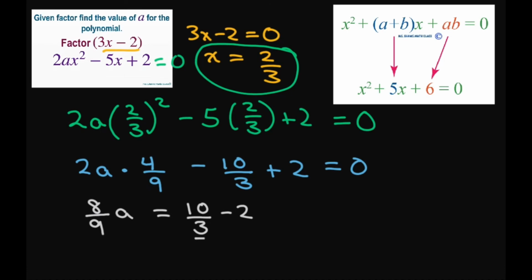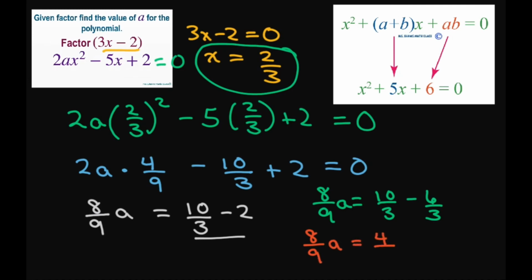This is going to be 8 divided by 9 a equals 10 thirds minus 6 thirds. So we're going to get 8 divided by 9 a equals 4 thirds.